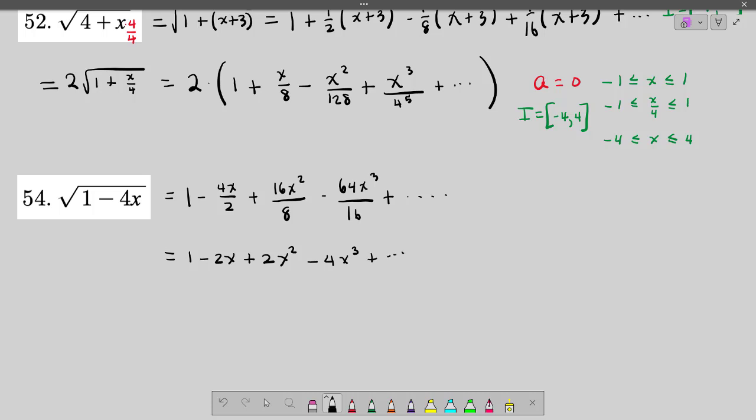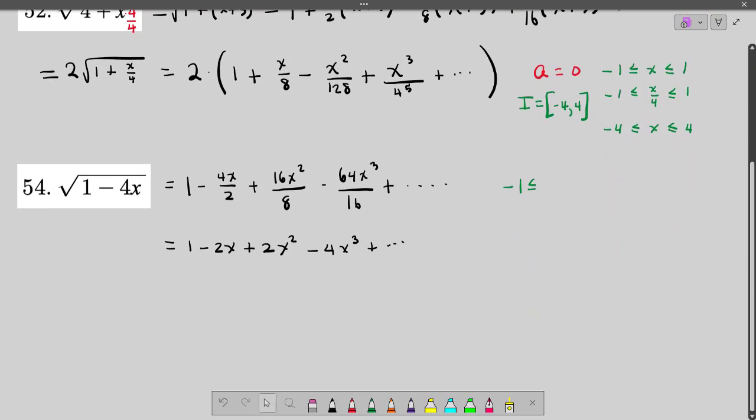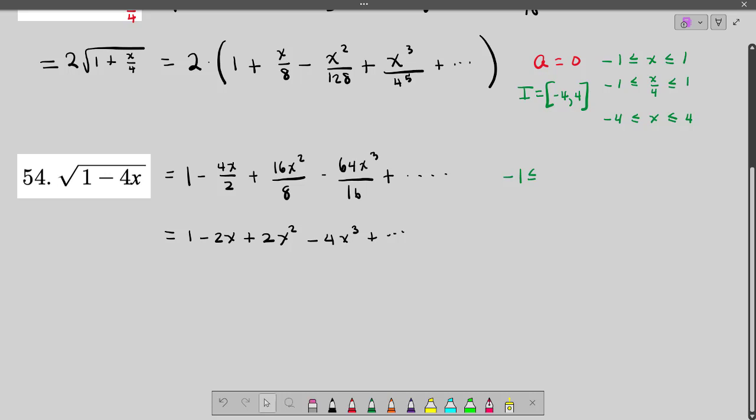So there is our binomial series expansion. We replaced x with negative 4x, so we have to come over here, take our original interval of convergence, negative 1 to 1, including endpoints, and replace the x with what we replaced it with, negative 4x. Divide both the left and right sides by negative 4.